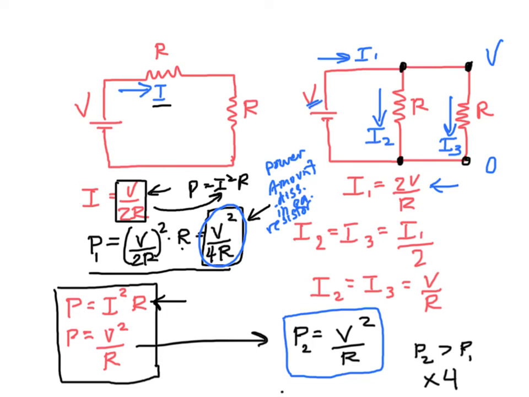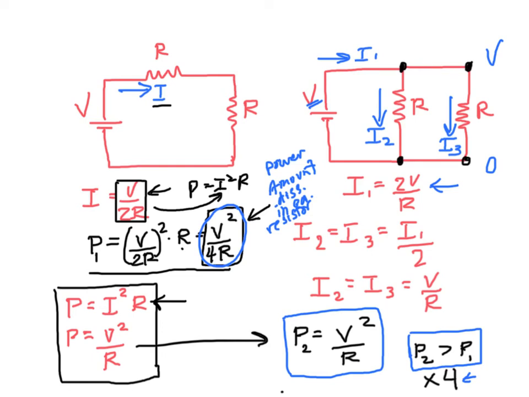So I just called it V. The voltage drop is V, so my power dissipated across each one of those two resistors in parallel is V squared over R. And that is 4 times P1. The amount of power dissipated in the resistors in parallel is 4 times greater than P1, so P2 is greater than P1 by a factor of 4.